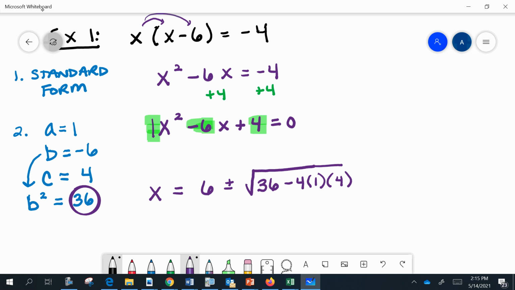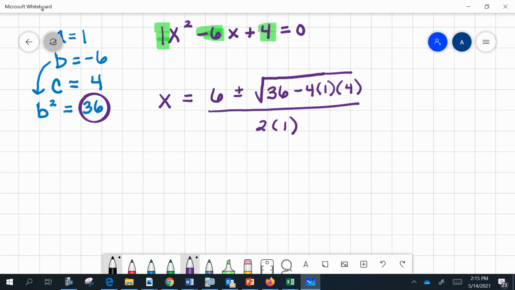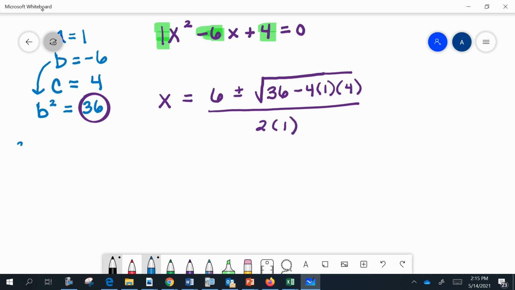I plug all this in, and then we divide by 2 times 1. So for the third step, plug your a, b, and c into the quadratic formula. I don't want you really doing any simplifying yet. I just want you to plug everything in.